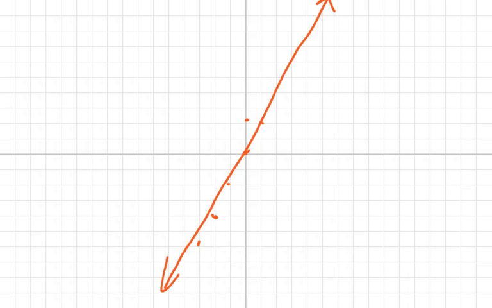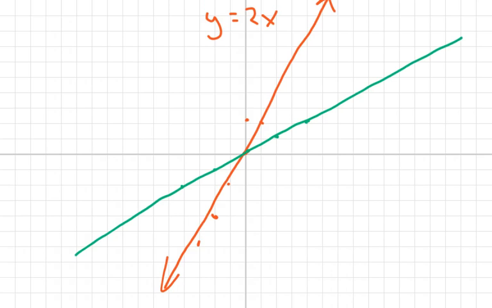So this one is y equals 2x. And now I'm going to graph y equals 1/2 x, which is up 1 over 2, up 1 over 2, down 1 over 2. So I'm going to do one more. Down 1 over 2. So this one is y equals 1/2 x.